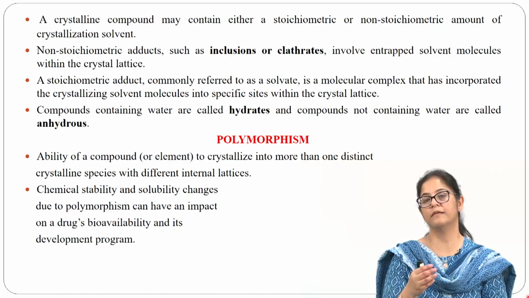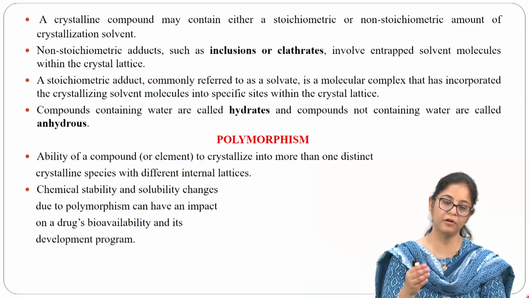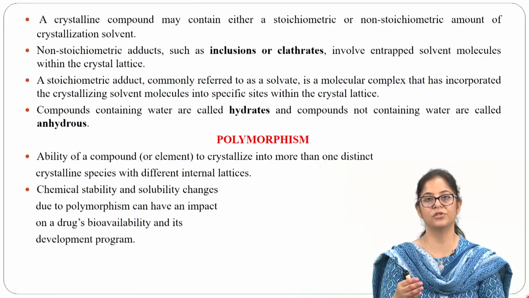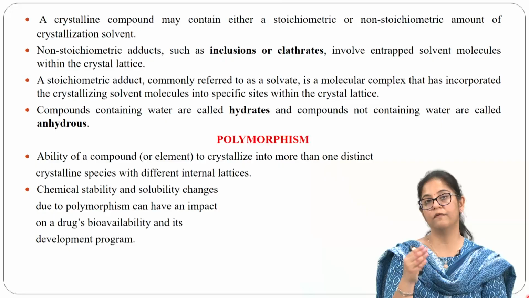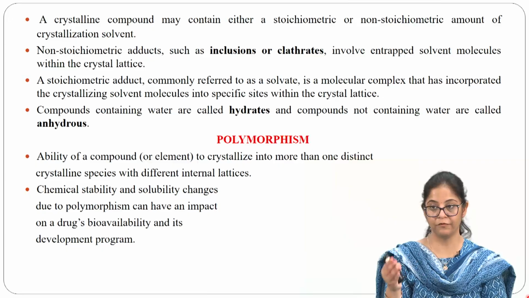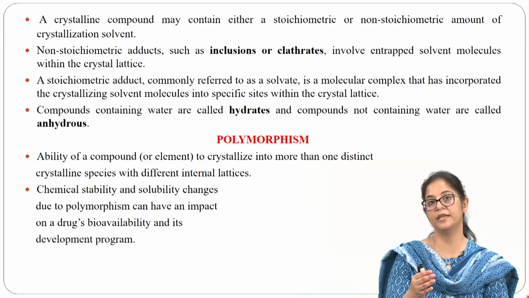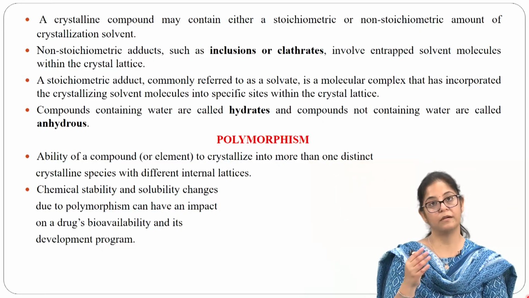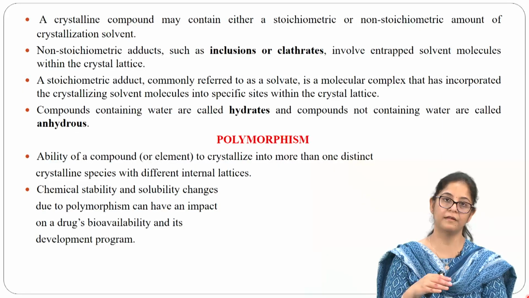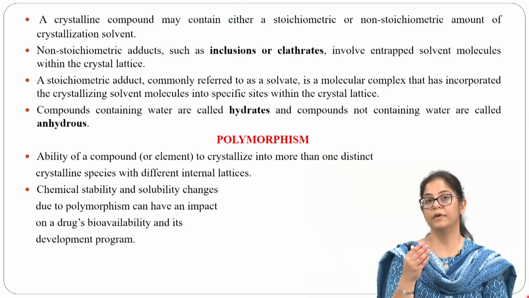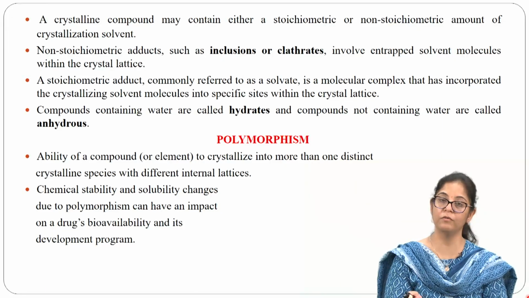The compound exists in different polymorphic forms, and based on the internal lattice arrangement, its chemical and physical stability will also change. So, while we are going for a selection of the polymorph for formulation development, we need to be careful that the polymorph which we are going to select is stable, has the right amount of solubility, and it does not convert into a stable or a metastable form upon being subjected to a suitable temperature.